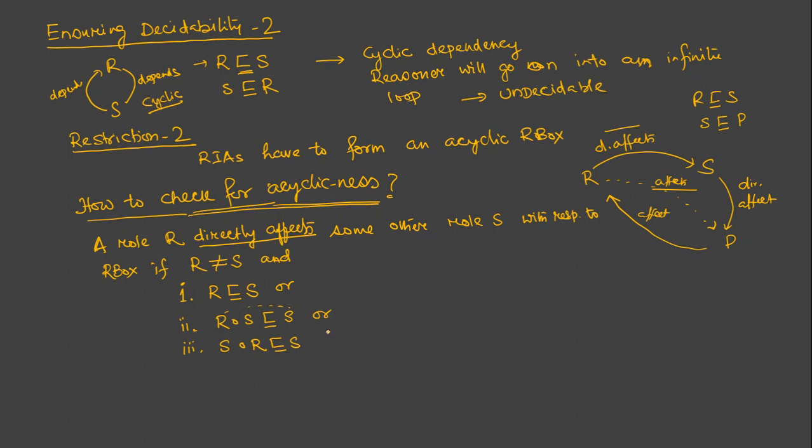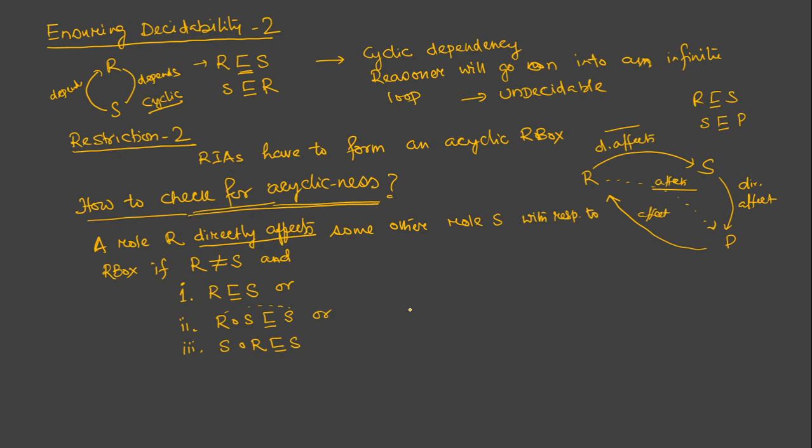So with this definition of directly affects, let us define the affects relation. We will be representing directly affects with a symbol something like this, a special arrow that means R directly affects S, and this will happen if either of these three conditions is satisfied, right?